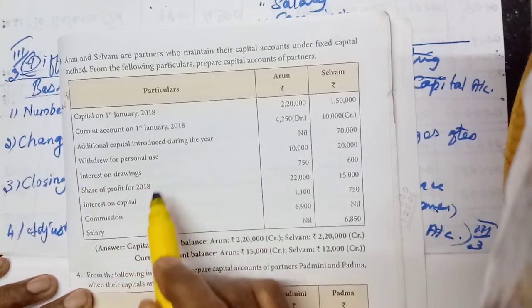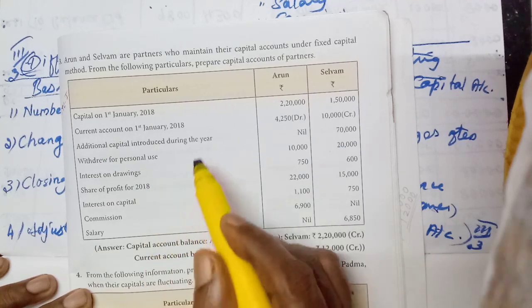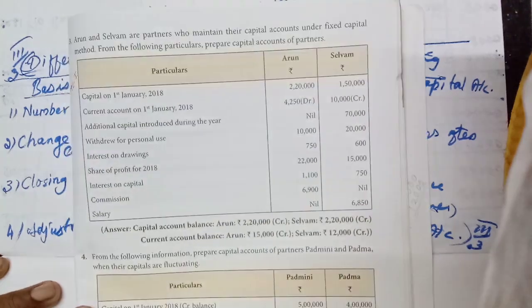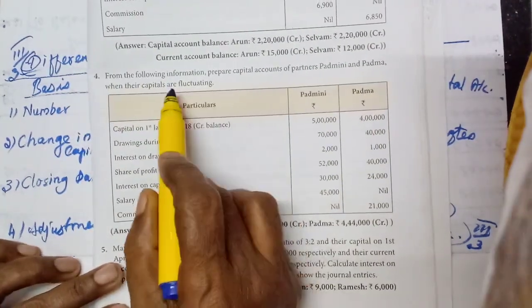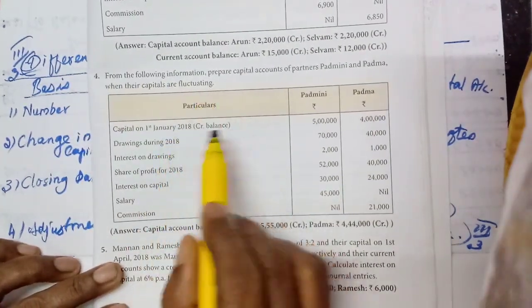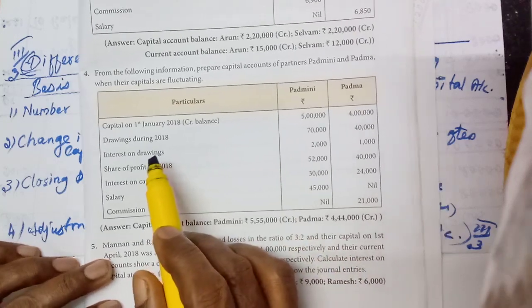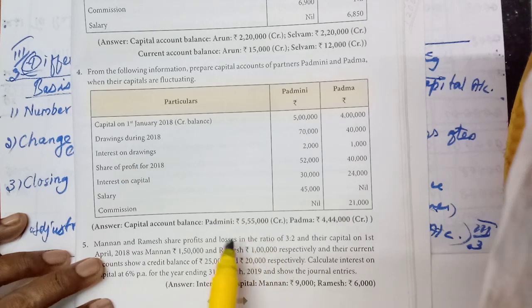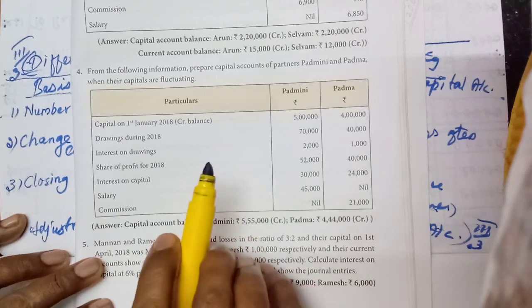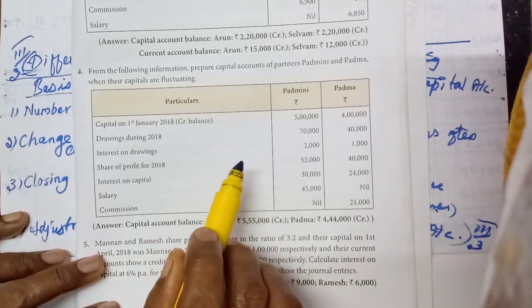This is the drawings, usual drawings. That will be adjusted in the current account. Then all the other items as usual. Then the fourth one is fluctuating. So only one account, capital account; you should enter all these items in that capital account only. These three problems you do, it is very easy.